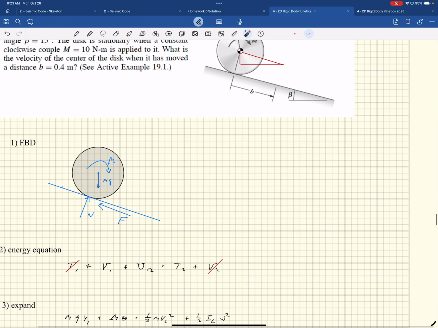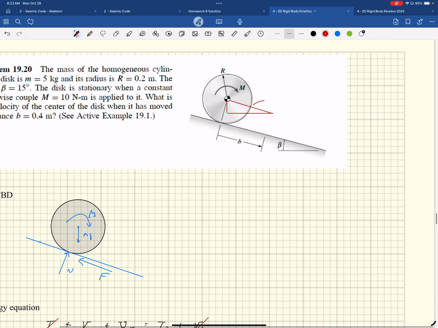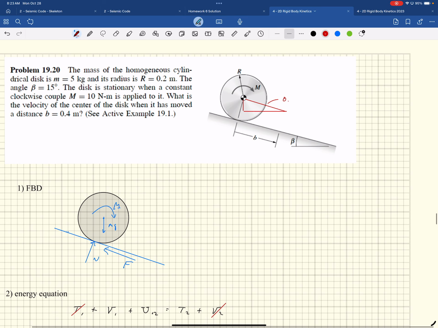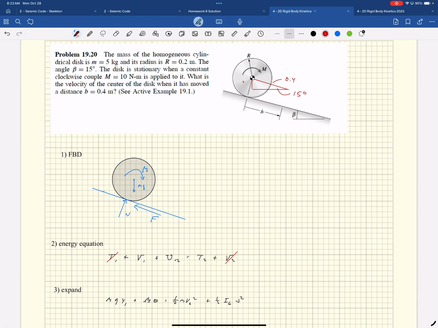So this hypotenuse here, what is it? 0.4. That's given to us in the problem statement. This angle right here is 15 degrees. That makes y1.